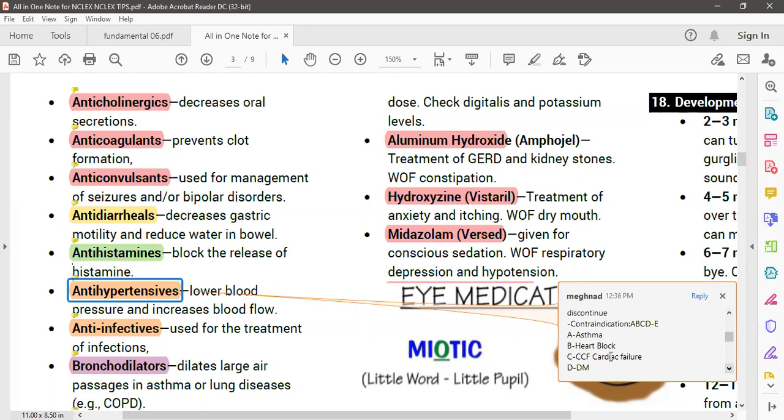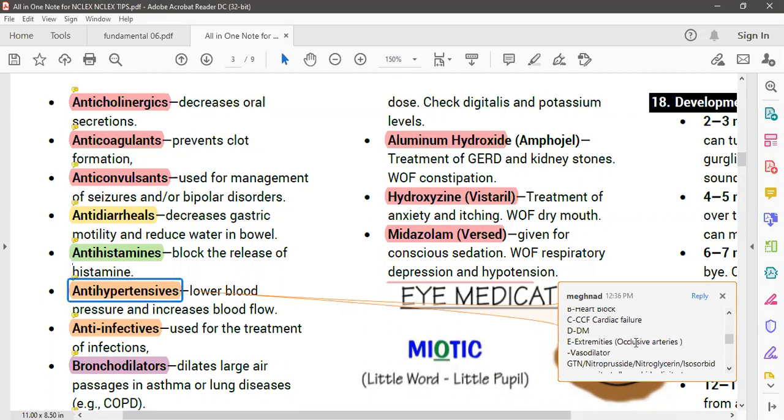C stands for CCF, congestive cardiac failure. If your patient has congestive cardiac failure, don't give beta blocker. D stands for diabetes mellitus. If your patient has diabetes mellitus, don't give them beta blocker. And E stands for extremities or occlusive arteries. Don't give them beta blocker.